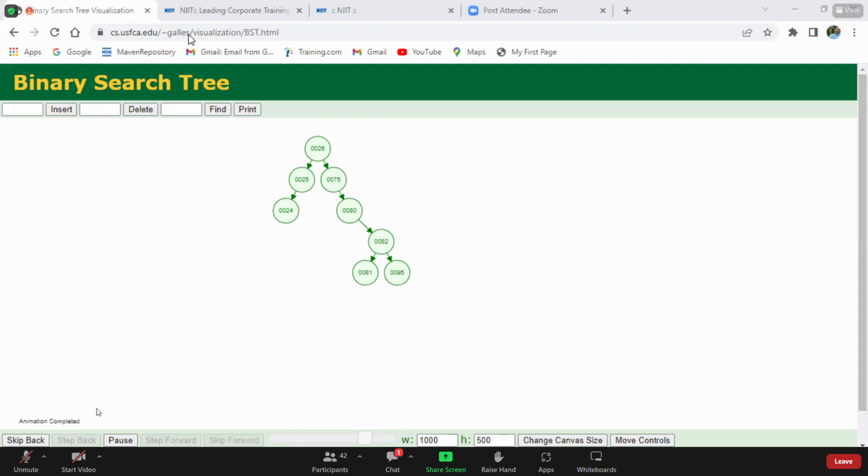Or if your deleted node has two children, in that case, I need to think about who will be the lowest one, and we will give that particular part in place of the deleted node. These are the three cases I have discussed.